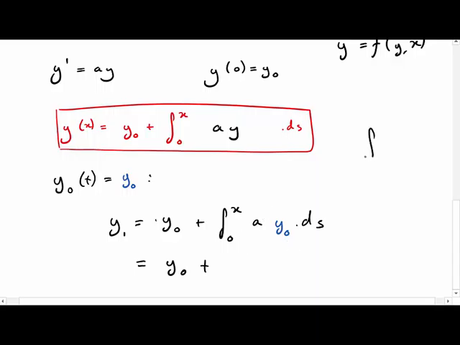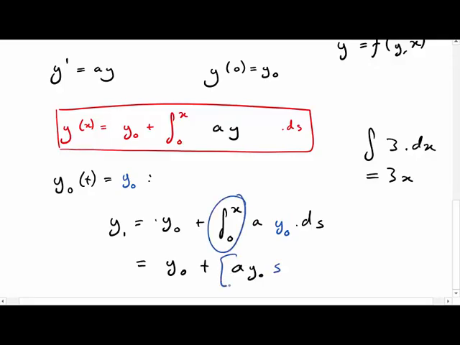This is a bit like saying, what is the integration of, I don't know, 3 with respect to x? Well, it's going to be 3 times x. It's exactly the same thing, because this is like our 3, just some constant value, so it's going to be a y0. But we need to integrate with respect to s, so this is going to become an s.